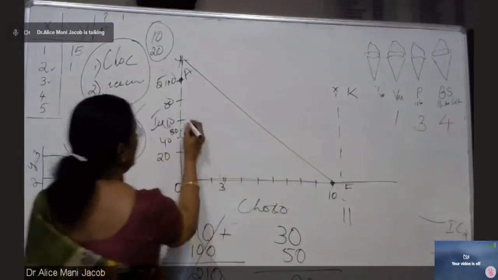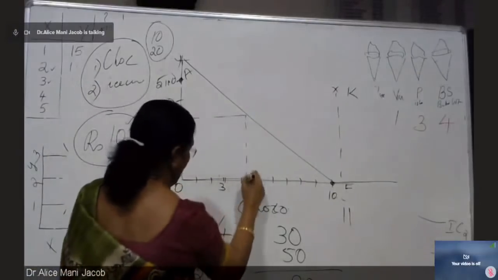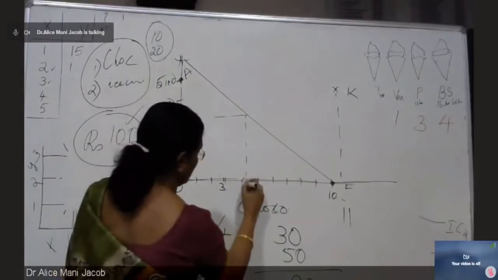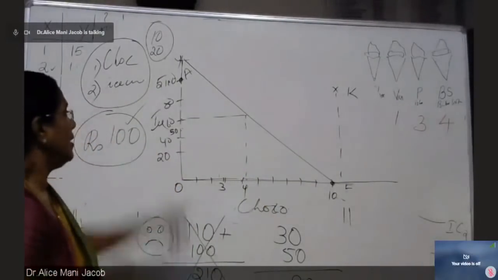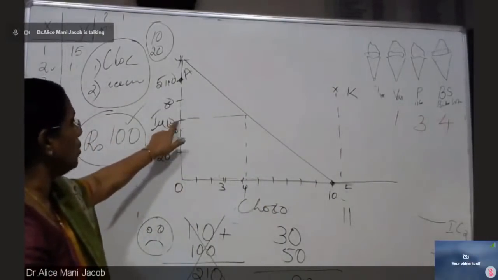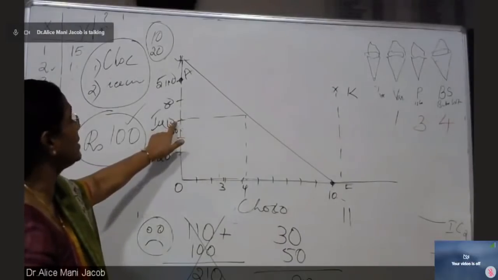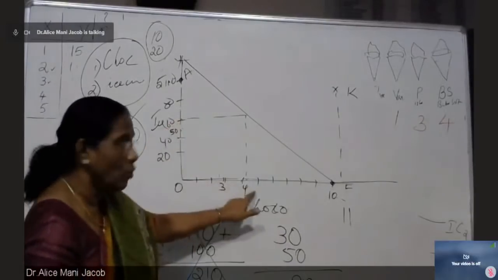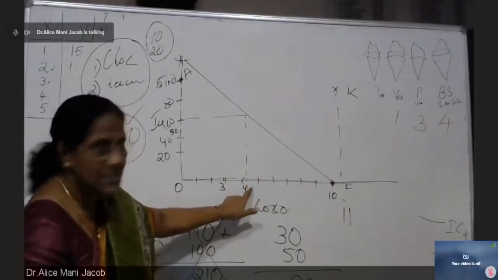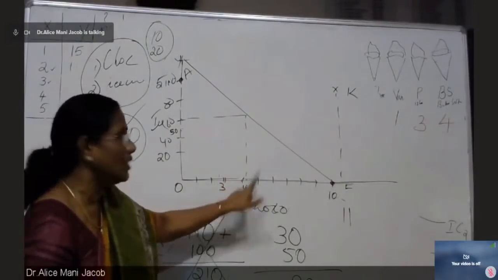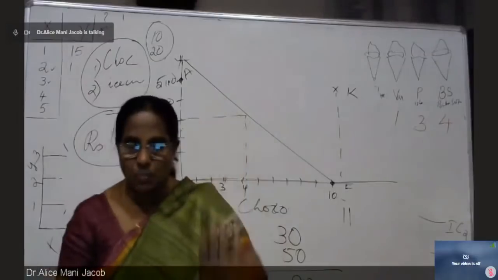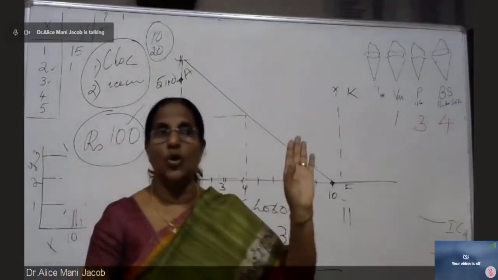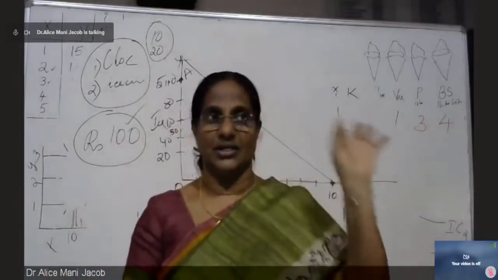For example, take this combination, I have not drawn it to scale. It is 60 rupees on ice cream, that is 3 ice creams and 4 chocolates. 3 ice creams is 60 rupees and 4 chocolates is 40 rupees. You spend the entire amount on ice cream and chocolate.